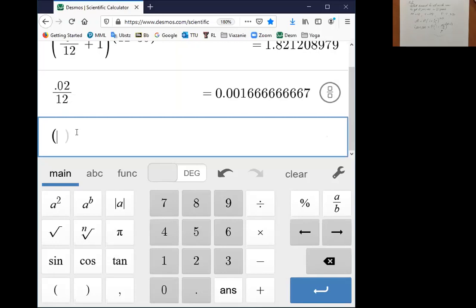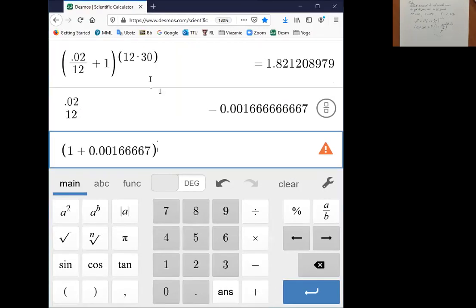So 1 plus 0.001, and we will take only the first 6 significant digits, and we raise it to the power 12 times 30, which is 360.